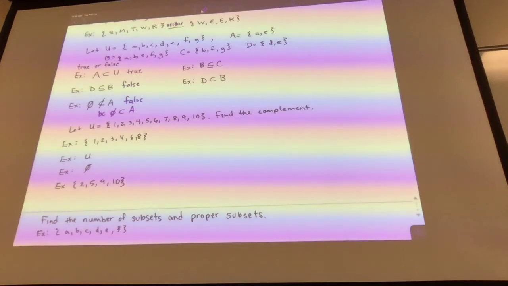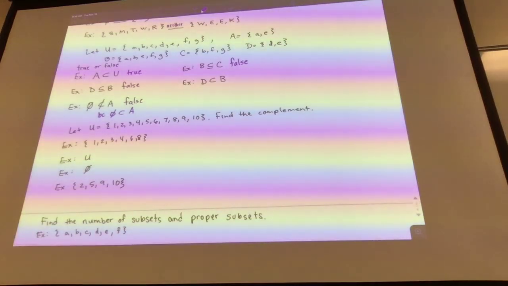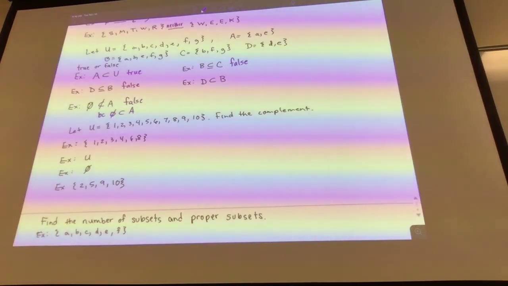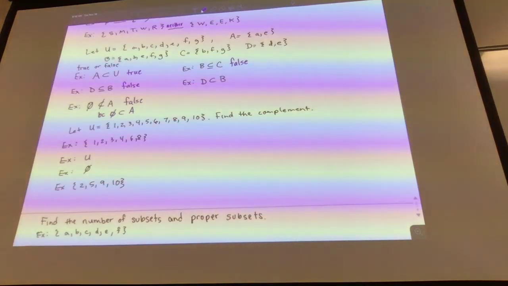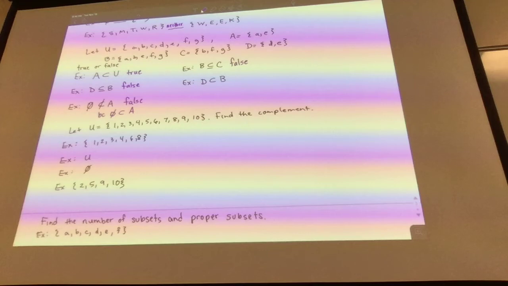No. What about D and B? So D is D, E. Is that in B? So D, E, that is not in set B, so we would say false again.